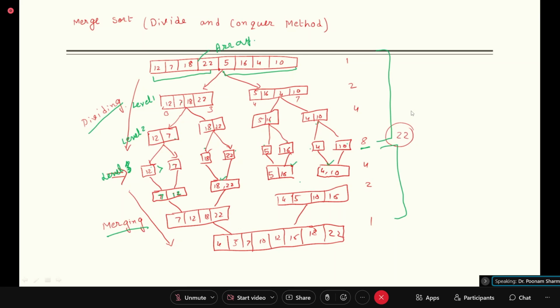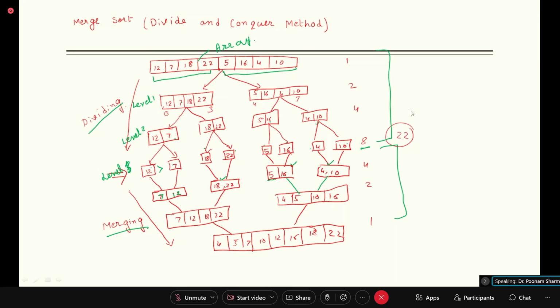Now it is important to understand that when you have these two values and these two values, if you see, this is 7, 12, 18, and 22. In this case, it is in sorted order, so no problem. So you can directly take 7, 12, 18, and 22. But see this case.